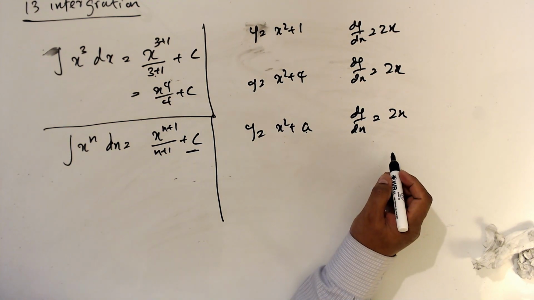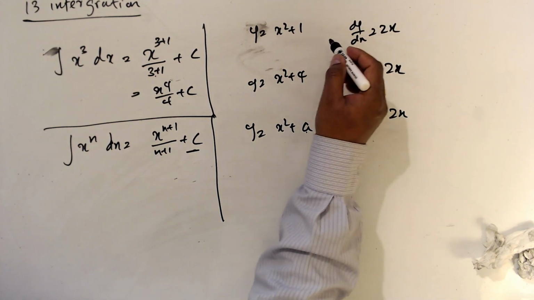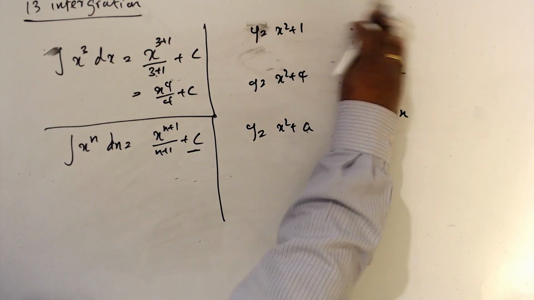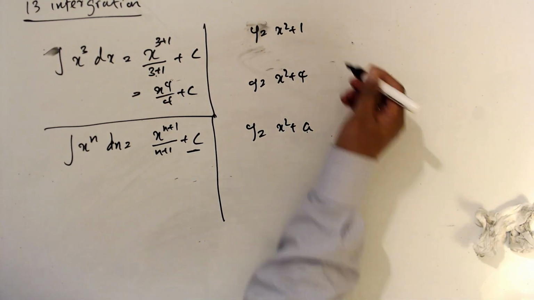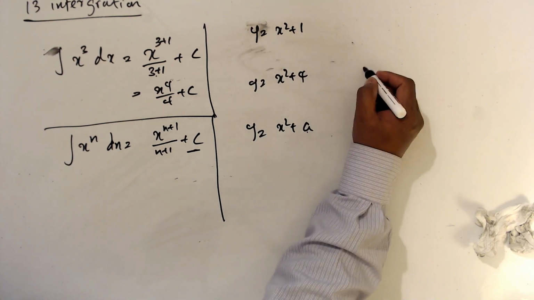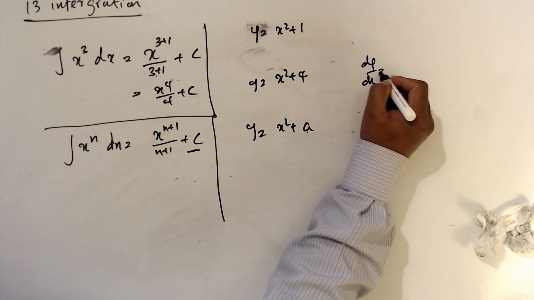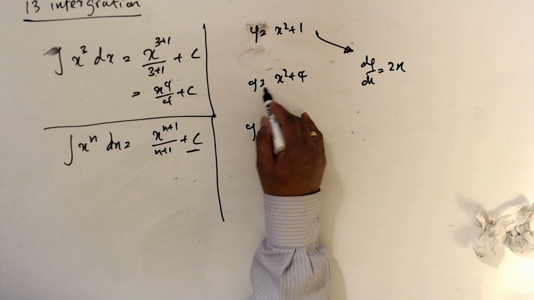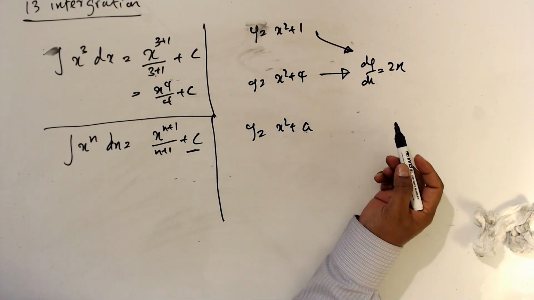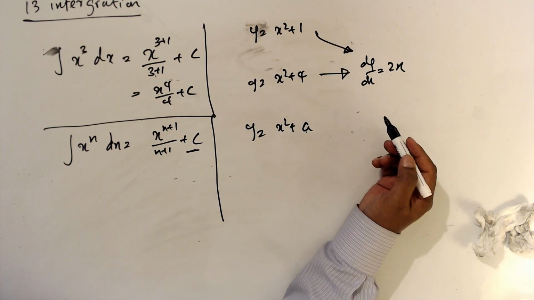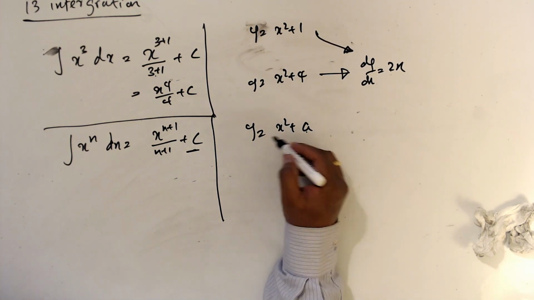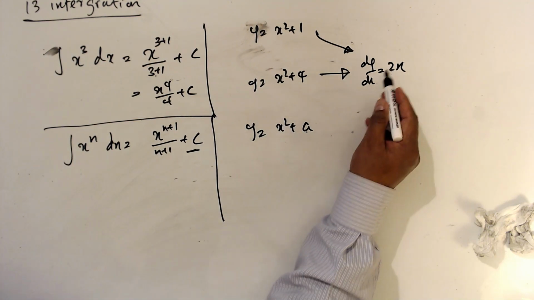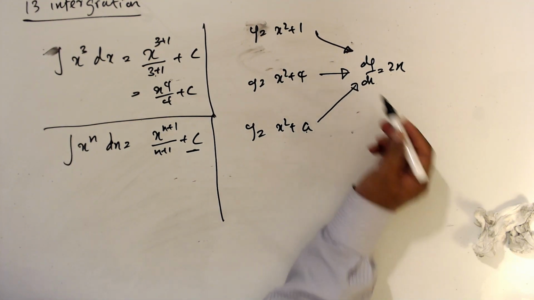Right? Now, when you integrate this one, if I write y equals x square, differentiation dy over dx is 2x. When I differentiate y equals x square plus 2, it is also 2x. Y equals x square plus a, differentiation dy over dx, what is the answer? 2x.